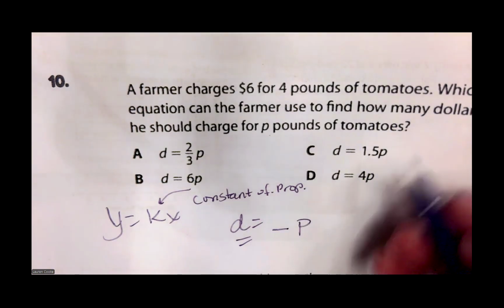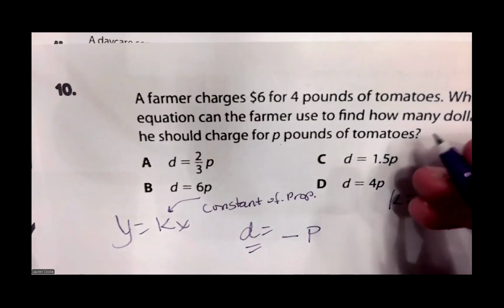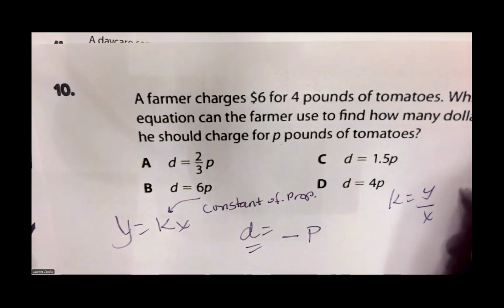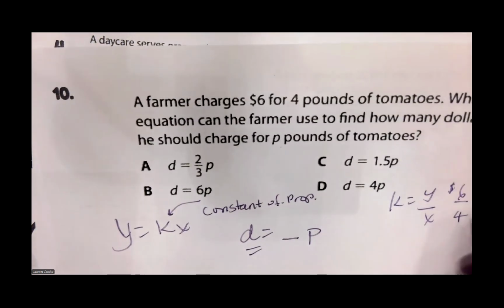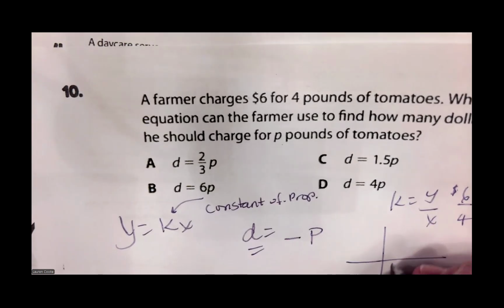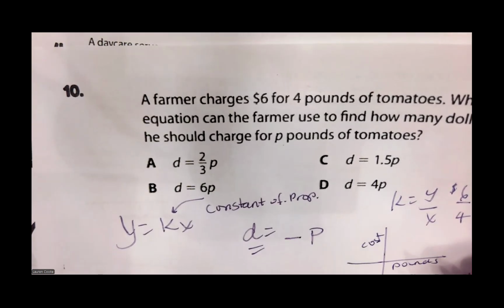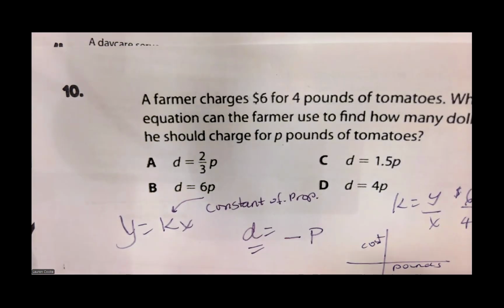So I need to go locate it. K equals y divided by x. And I know that 6 is my y and 4 is my x, because on a graph, the pounds come before the cost. So pounds, cost, that's why it's going up.